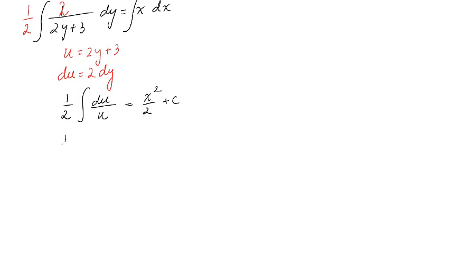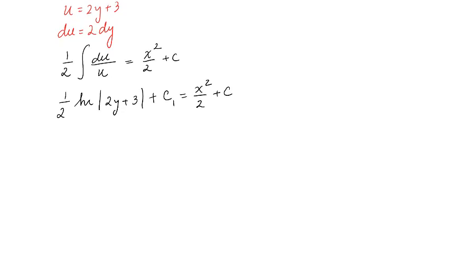So on the left hand side it's 1 over 2 ln of absolute value of u, but I'm just going to substitute it back here. I'm going to get plus some constant, let me call it constant 1, and then plus some constant on the other side.